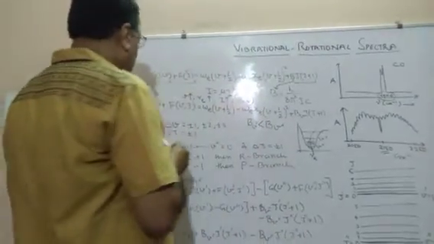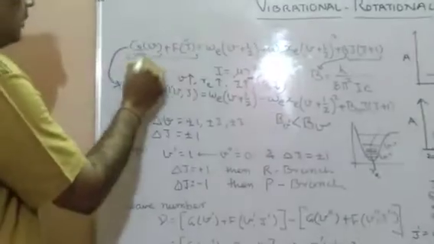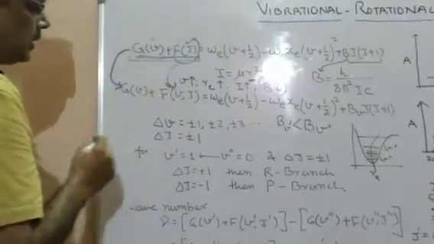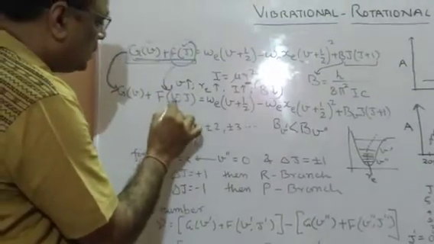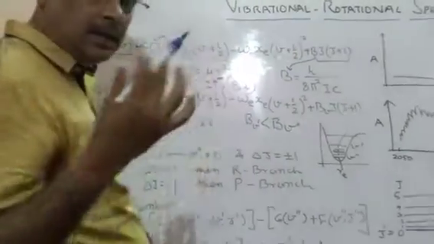So now we can write G(v) plus F(J). This F(J) now also depends on the value of v, so the equation will be slightly changed.